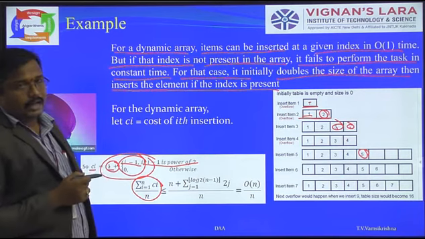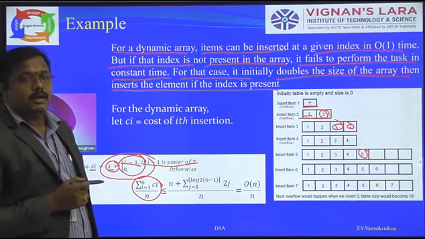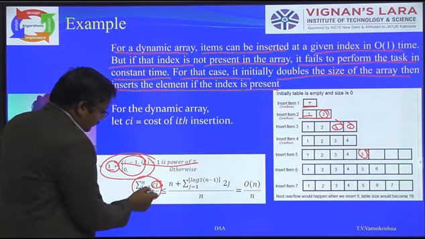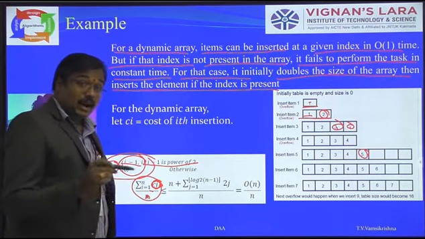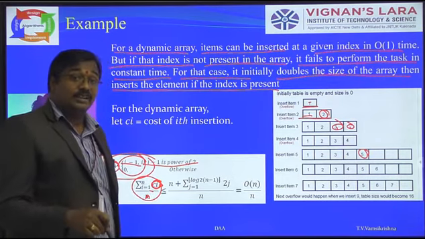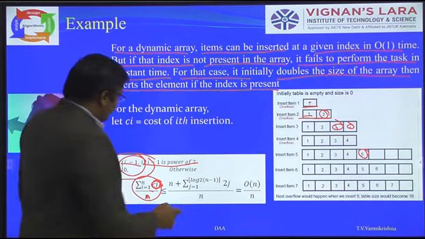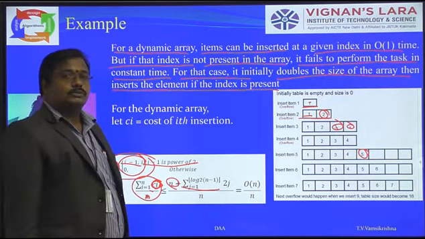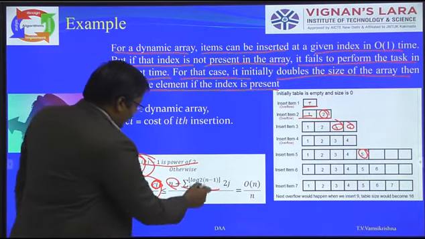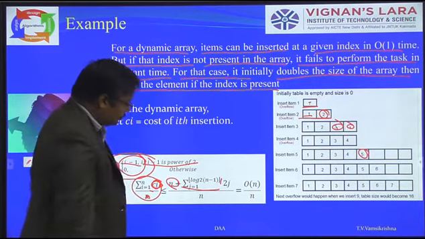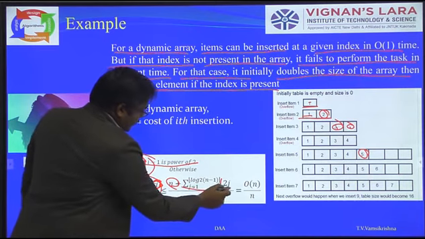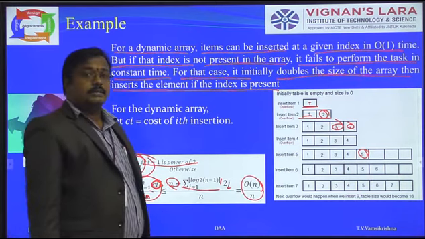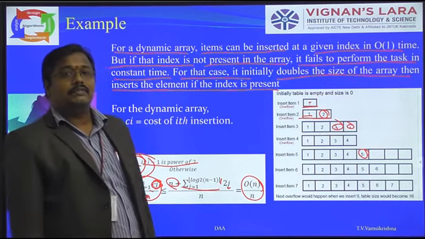That will be calculated as sigma i equal to 1 to n of Ci, divided by n. Ci is the cost of inserting an element for i numbers, which is n plus sigma j equal to 0 to log 2 of n minus 1 of 2 power j. So that can simply be called big O of n divided by n.